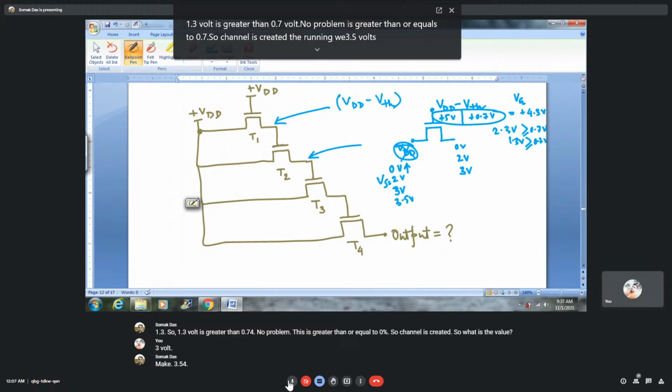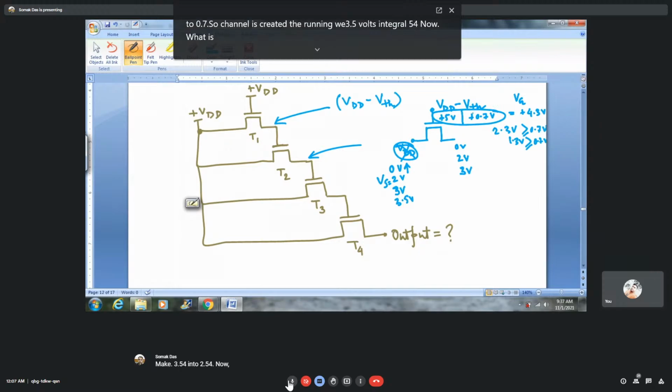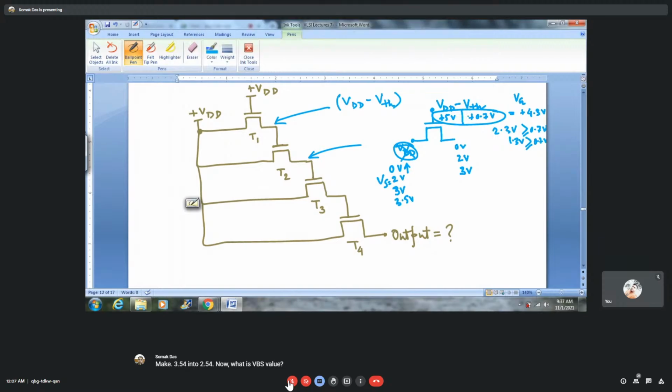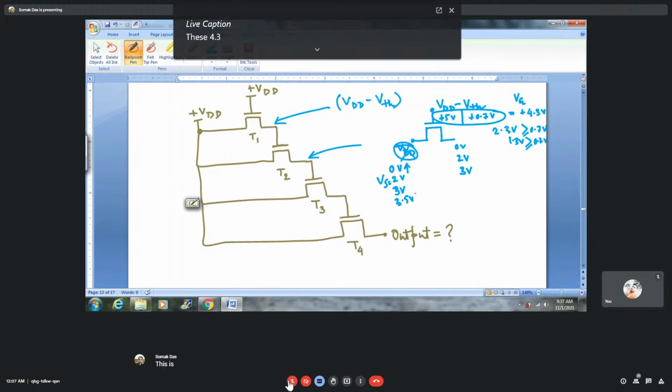Next, increase it to 3.5 volt. Now, what is VGS value? VG is 4.3 volt. VS is 3.5 volt. What is VGS value? You are confused with a simple subtraction.